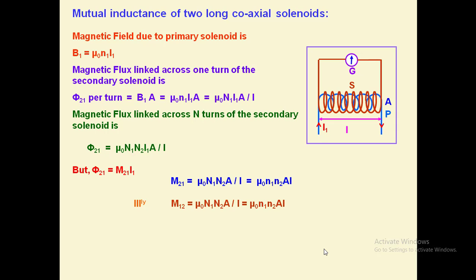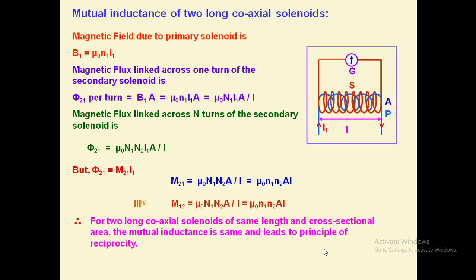Similarly, if you pass the current through the secondary coil and the EMF is produced in the primary coil, the mutual inductance M12 is, again, the same expression, mu naught N1 N2 A by L, which is equal to mu naught small n1 small n2 A into L. For two long coaxial solenoids of the same length and cross-sectional area, the mutual inductance is the same, which leads to the principle of reciprocity.